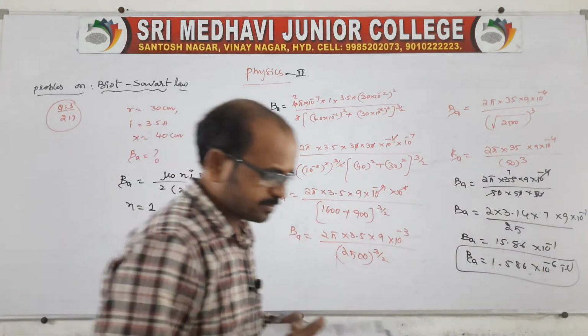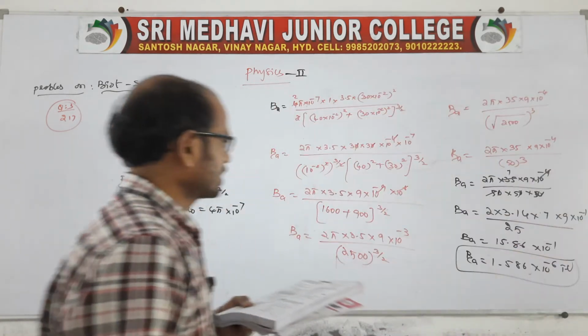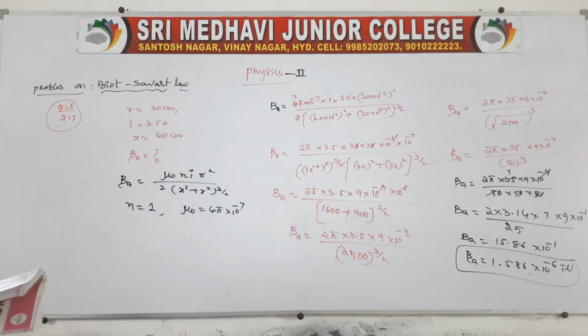Right? On the same page number, there is another question given, 7.1. 217 page number, 7.1 question number.